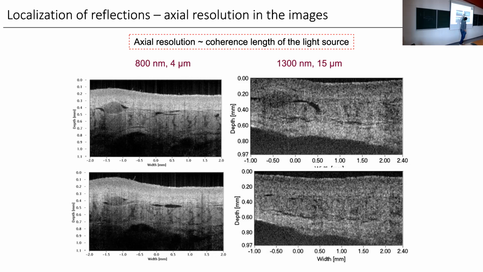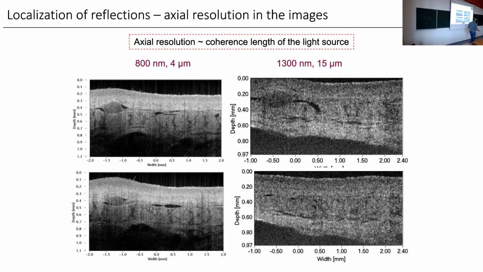This is the center wavelength of the light source here. The other wavelengths are around that a little bit, but why do you think you can go a little bit deeper?